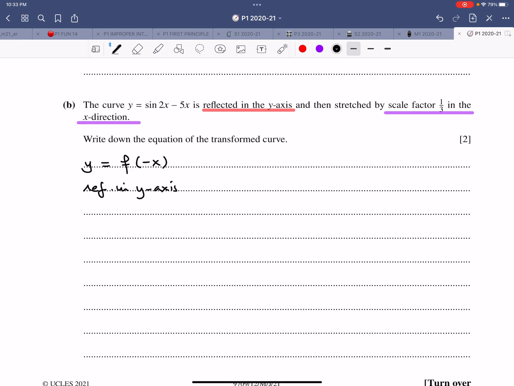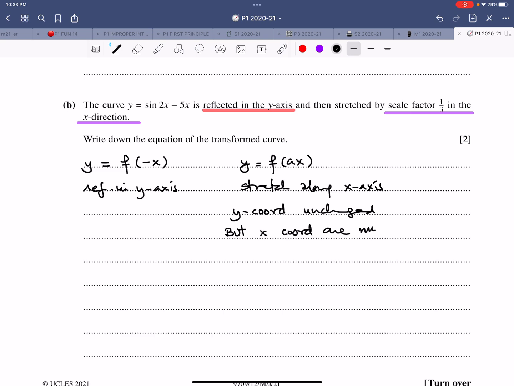And when we have y equals f of ax, that is a stretch along the x-axis. The y coordinates are unchanged, but x coordinates are multiplied by 1 over a.